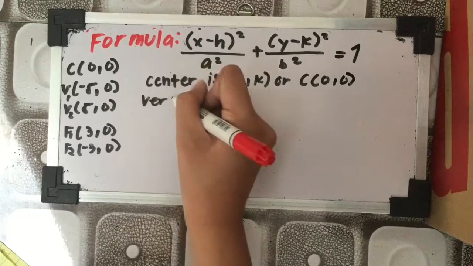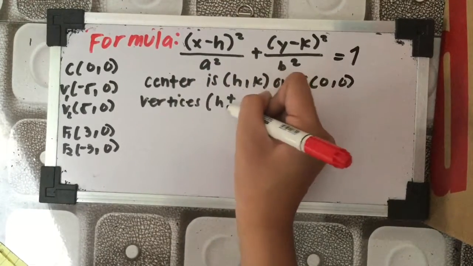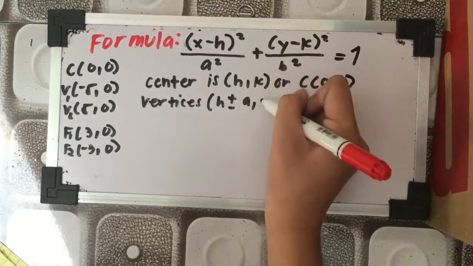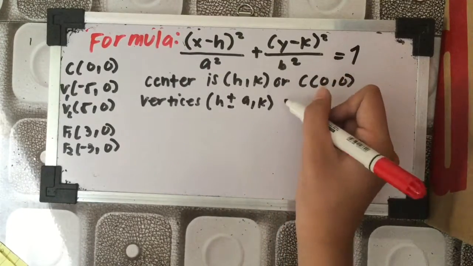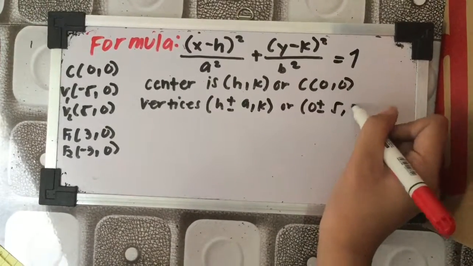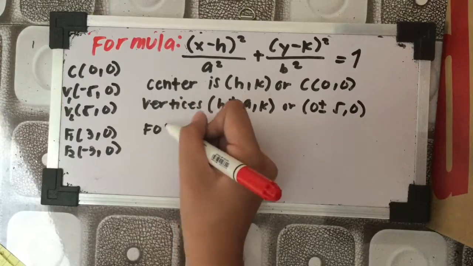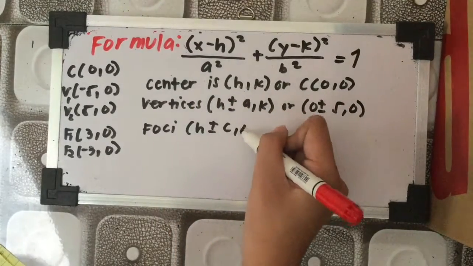Because there is no h and k value, both will be 0, and a will be 5. As I have said, there will be no value for h and k, and c will be 3.